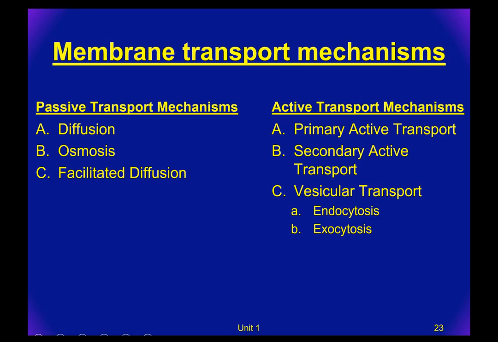So we've got several passive transport mechanisms we're going to talk about: diffusion, osmosis, and facilitated diffusion. And we've got several active transport mechanisms we're going to talk about: primary active transport, secondary active transport, and vesicular transport. That includes endocytosis and exocytosis. So let's start by talking about passive transport.